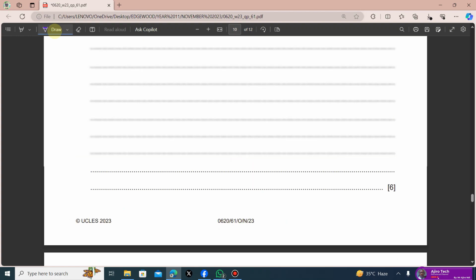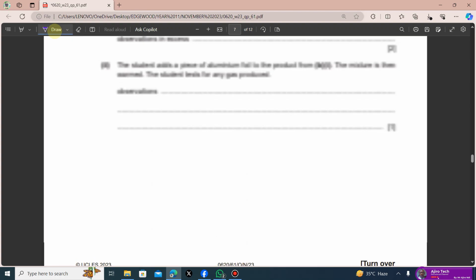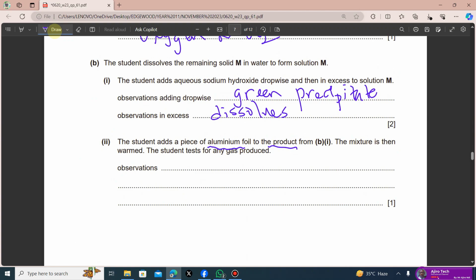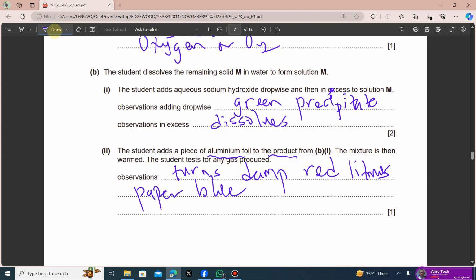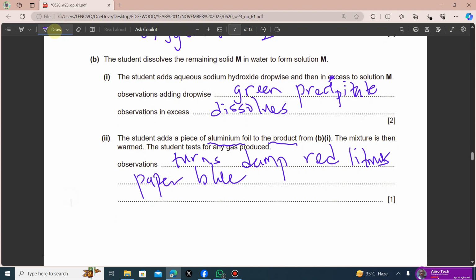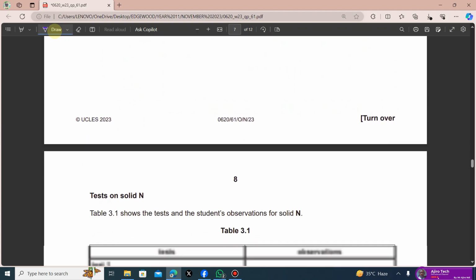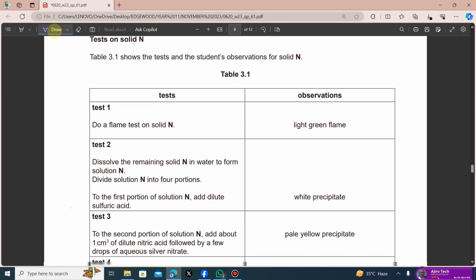So we go back here, and the observation is that it turns damp red litmus paper blue. And that's all. So you can see how I'm using the table. That's the same way you should learn to use the table to get answers to things you are not sure about. Even though you are sure, it is still good to use the table to confirm what you have done. So let's move to the next set of questions.